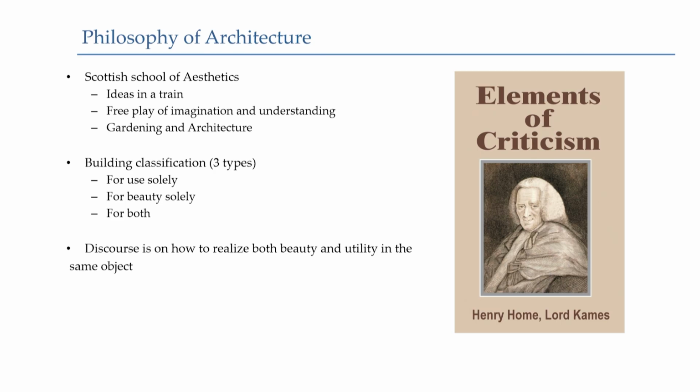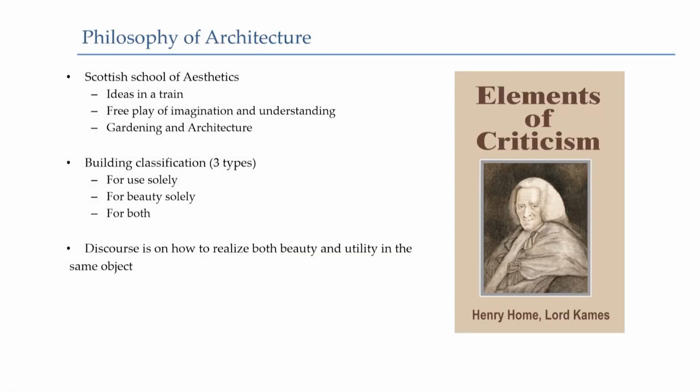So, the kind of ideas you would have in a living room, and then when you move to say bedroom, you will have another set of ideas, and then you move to say kitchen, you will have another set of ideas. So, ideas come in a train, and it is the architecture of the house that facilitates or encourages those ideas to come in a train.